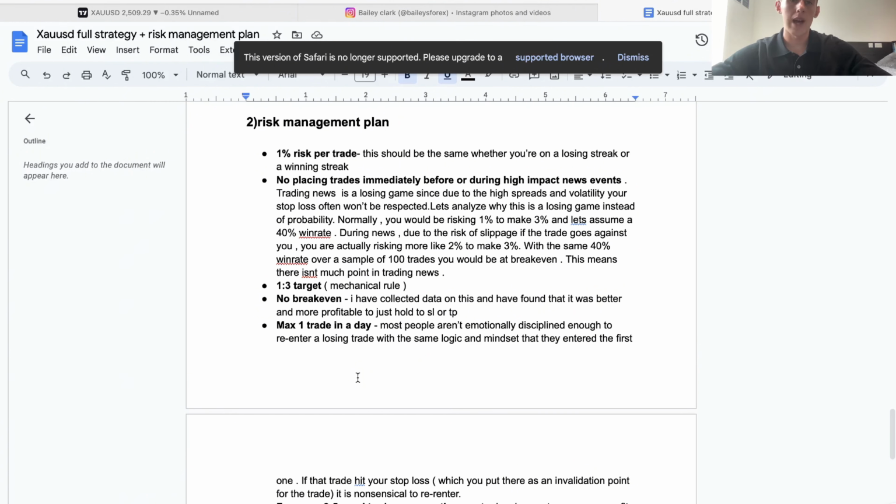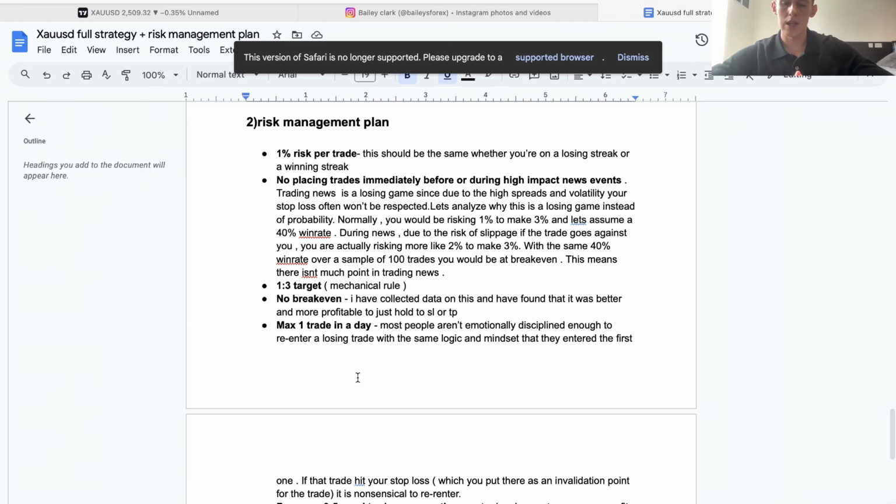And one other rule that I have is I don't place trades immediately before or during high impact news. So the main ones being NFP, FOMC, CPI. Which other ones are there? Interest rate decisions, GDP data. Those are the main big ones that I can think of right now.